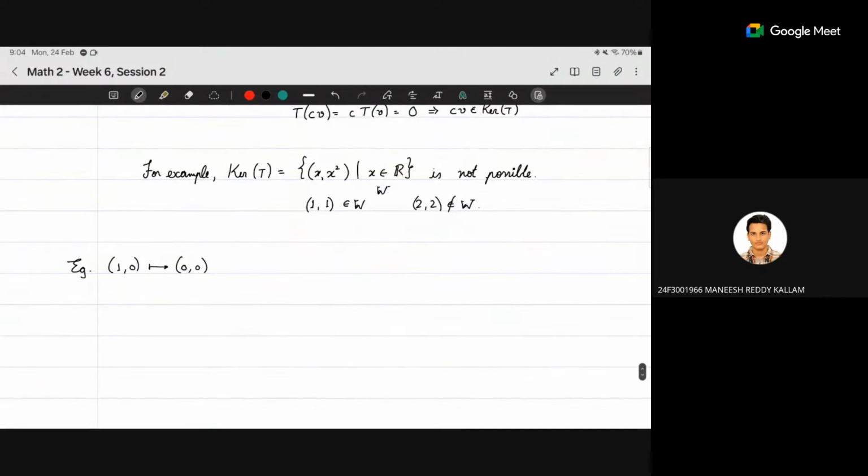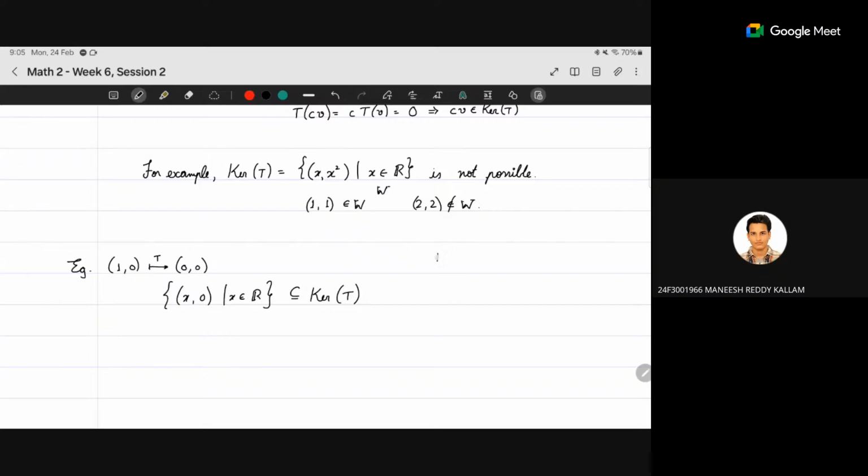So then, suppose under T, 1, 0 goes to 0, 0. You are working with a map from R2 to R2, correct? Yes, sir. Then you can say that the set of x, 0, x in R, is contained in the kernel, because you have not specified what happens to the other vector.